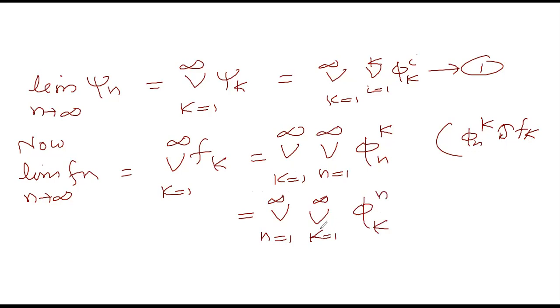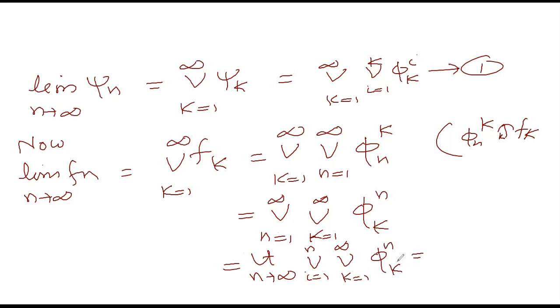So there is no harm to change this notation. But now this one is equal to limit n approaches to infinity, join i runs from 1 to n, then join k runs from 1 to infinity phi kn, okay, this is okay.